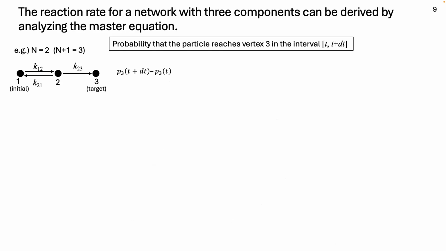It's P3 of t plus dt minus P3 of t. And it's rewritten as a summation of Pi of t minus Pi of t plus dt. It's the same formulation.